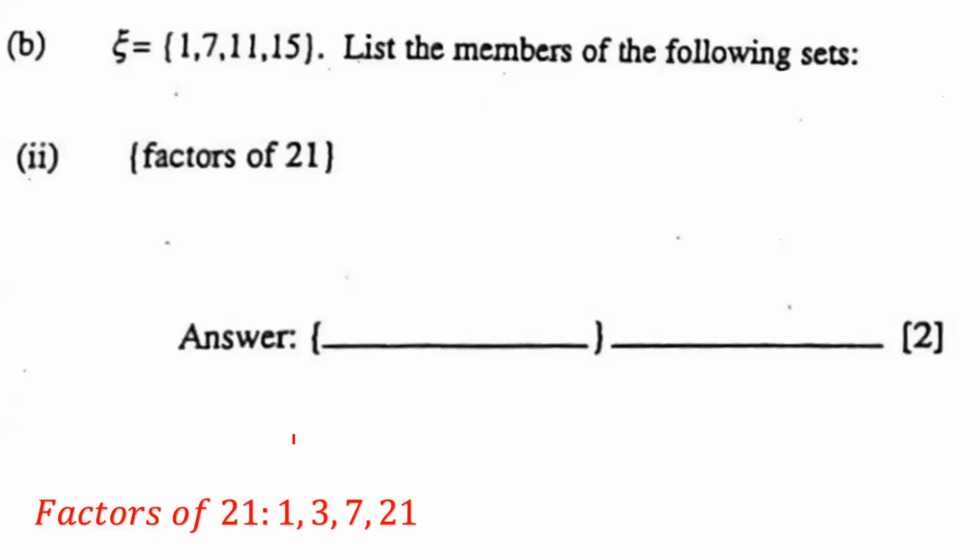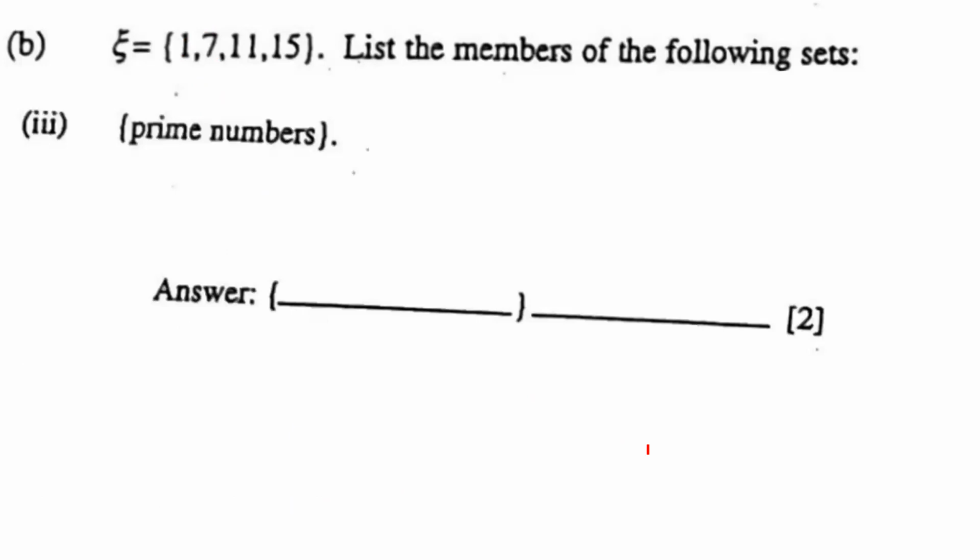Okay, so the factors of 21 are going to be 1, 3, 7, and 21. And so from this set, what are the factors of 21? Well, we have 1 is a part of it, and 7. They're the only numbers that are inside the set that are also factors of 21. And so 1 and 7 is the answer for this one.